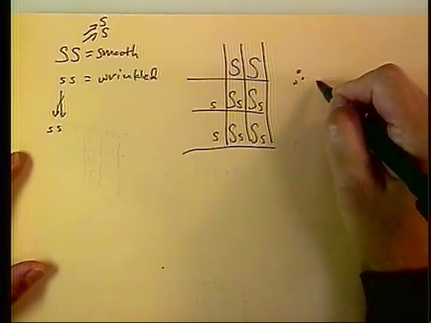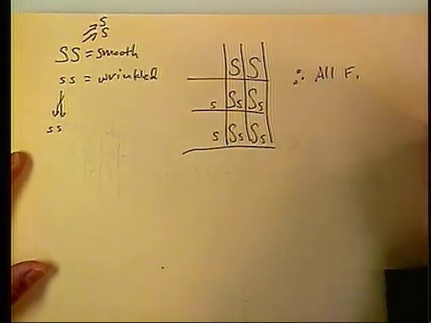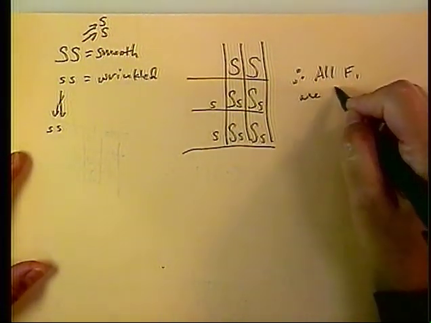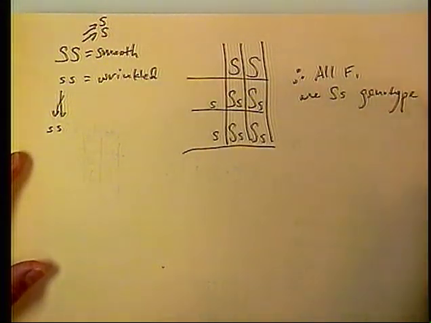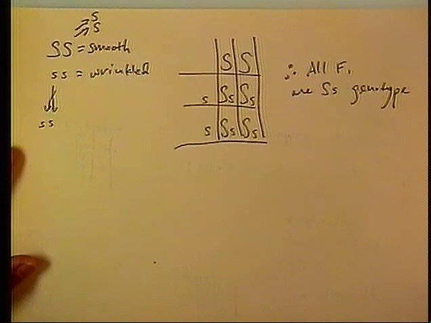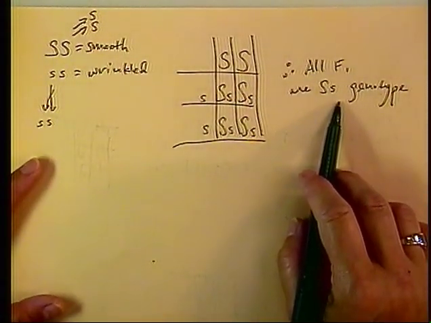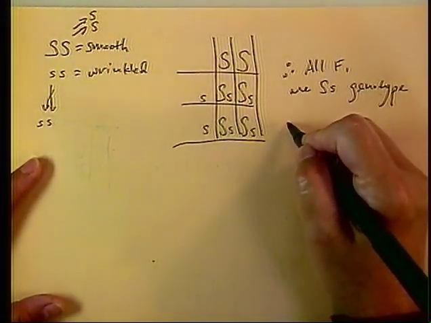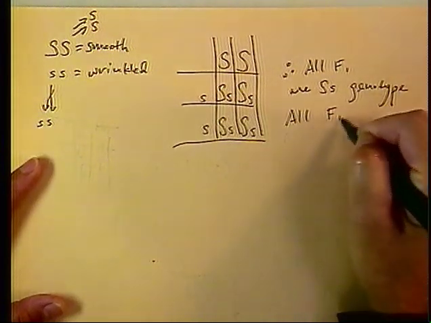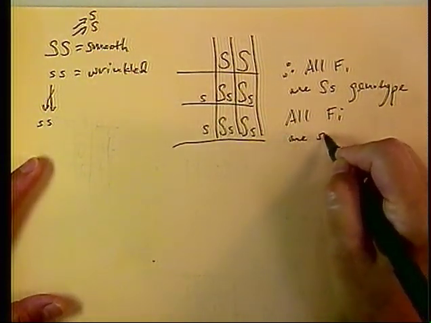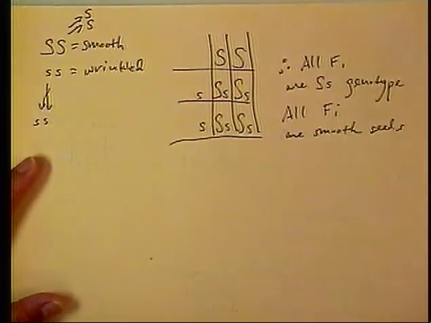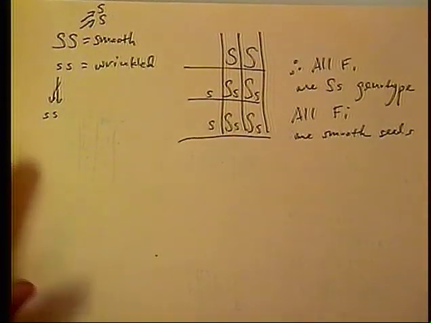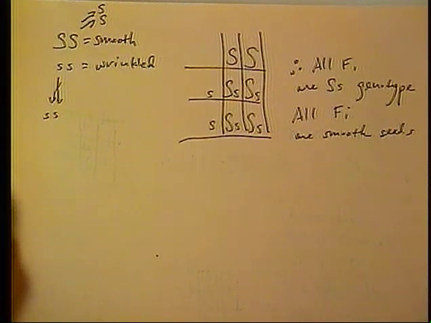Therefore, all F1 are this kind of genotype: uppercase S, lowercase s. They're heterozygous. And all F1 are smooth-seeded, have smooth seeds. Okay, that's part 1. So you're actually showing how the F1 comes about.